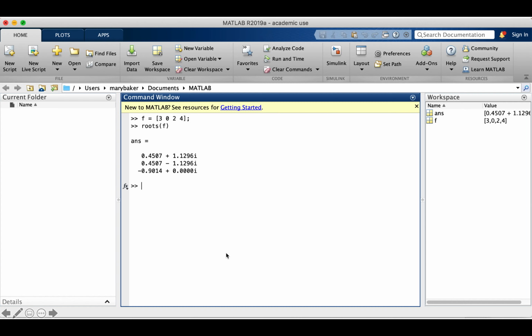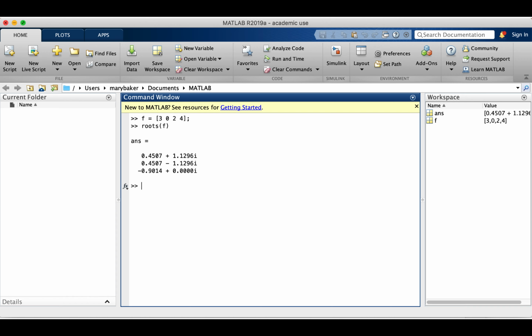So to end the video, let me just show you what we had in MATLAB. So here is our entry of 3024, and then we type roots of f, and so what we have then is the roots given to us by MATLAB.